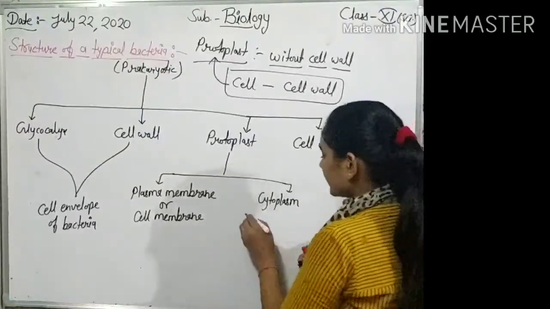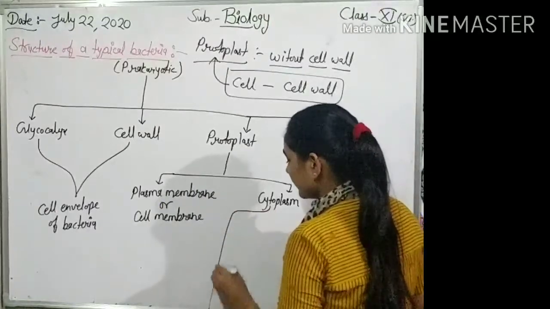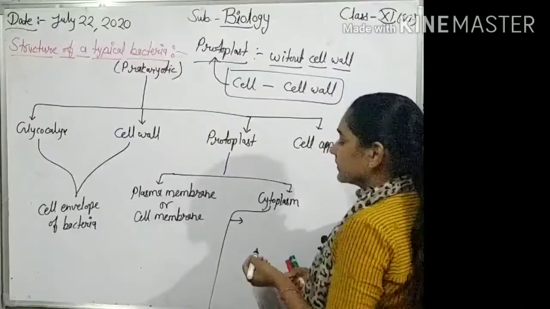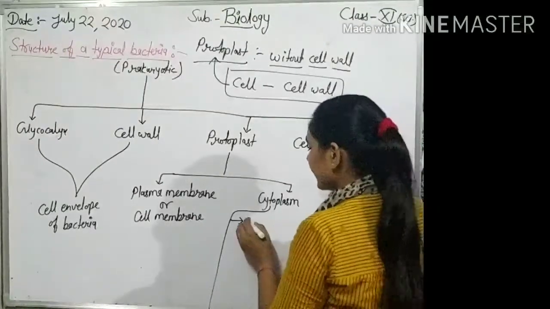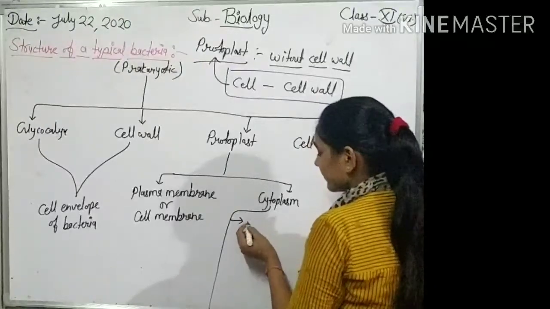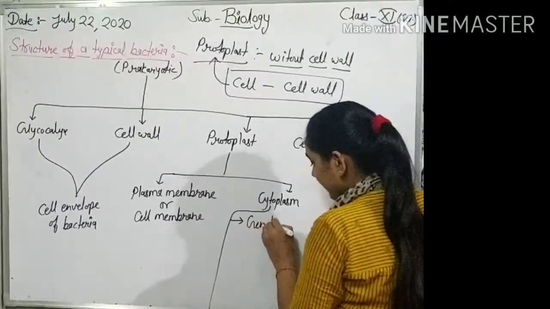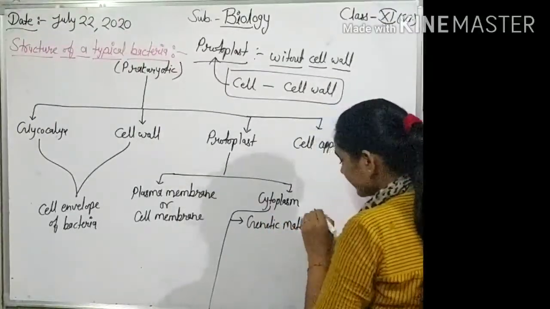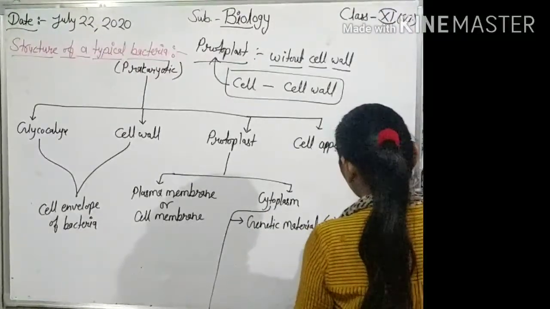In cytoplasm, fluid matrix and cell organelles are situated, containing the genetic material of bacteria. It means nucleoid.